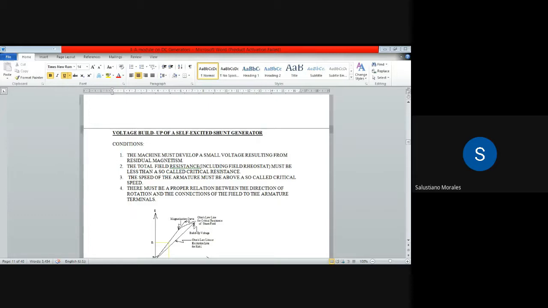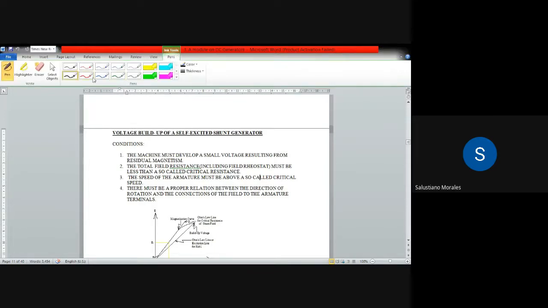Why? Because, to illustrate that, let's say to consider a two-poles machine. So this source of magnetic force is made up of an electromagnet.